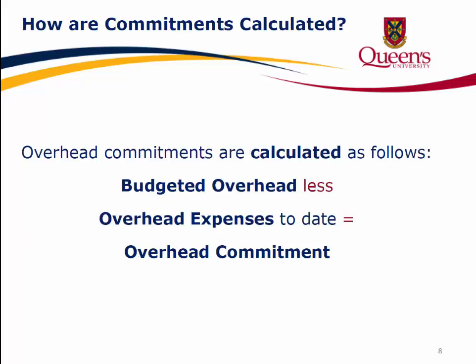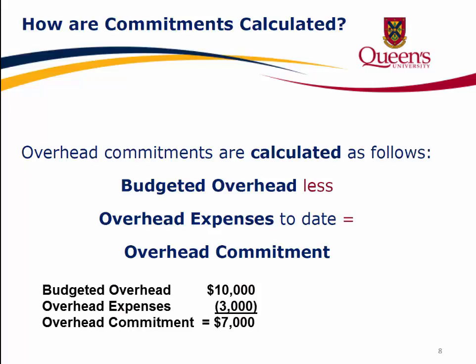The overhead commitment amount is calculated by subtracting total overhead expenses to date from the budgeted overhead amount for a given project. For example, if a project included an overhead budget amount of $10,000 and $3,000 in overhead expenses has been charged to date, the research project statement would reflect an overhead commitment amount of $7,000.